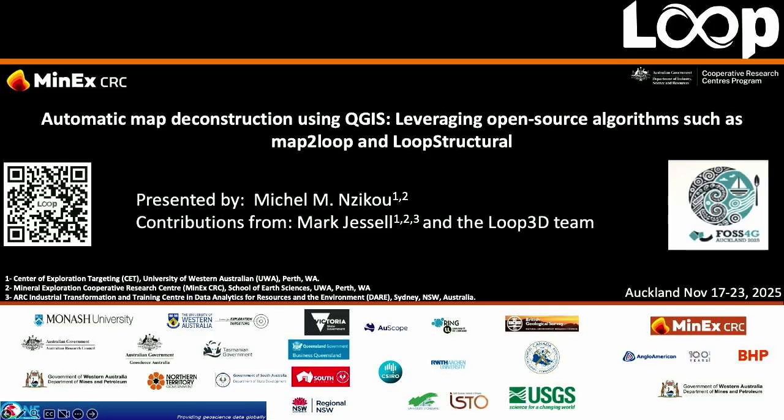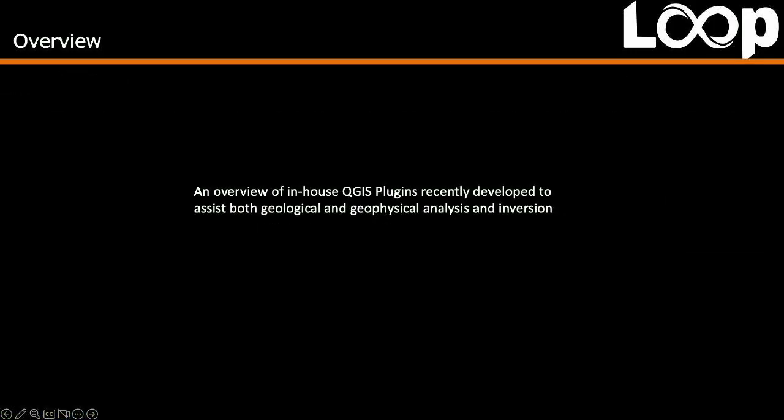What we're trying to do is connect all of that, from capturing the data, and then sitting at your desk, even in a campsite, you'll be able to generate a 3D model while you're doing your acquisition, and then have a second thought on how to collect the next set of samples in the field. And then it goes on iteratively, the way you want to do it. So I will give you a little overview of this in-house QGIS plugin we developed.